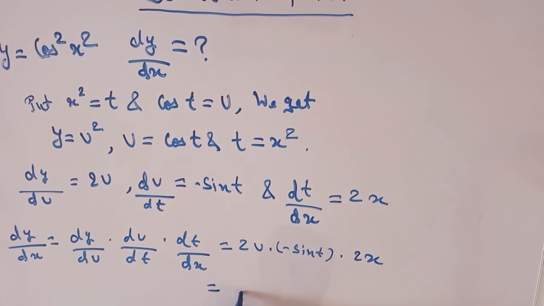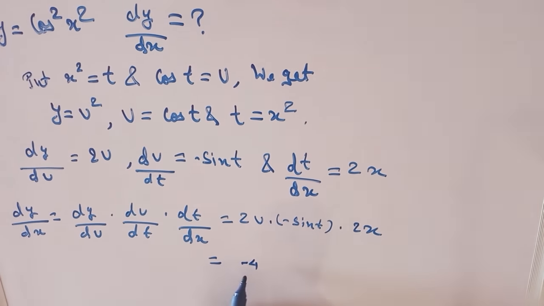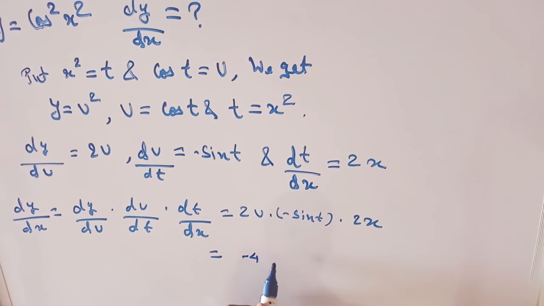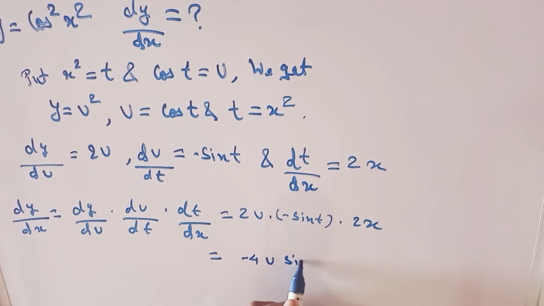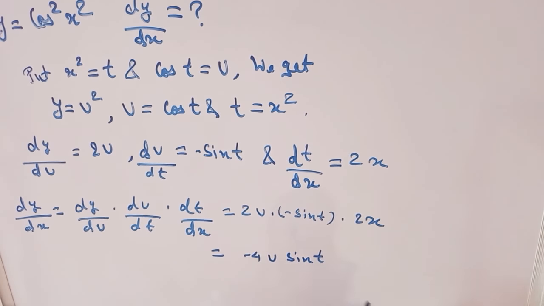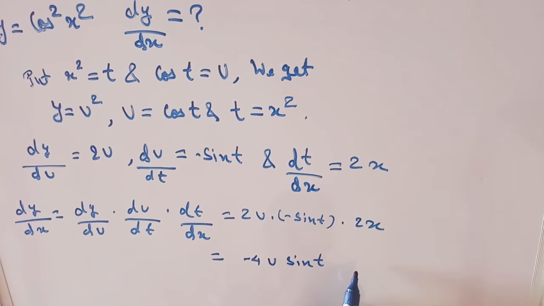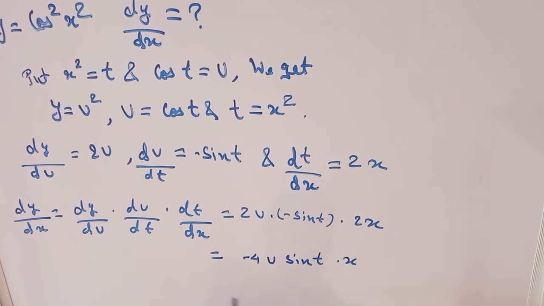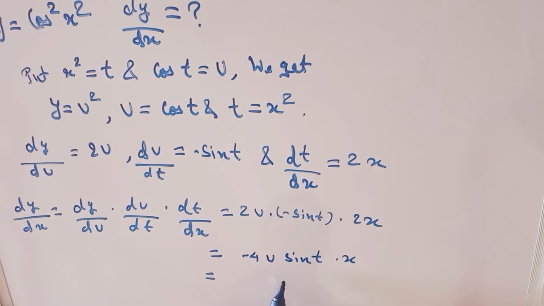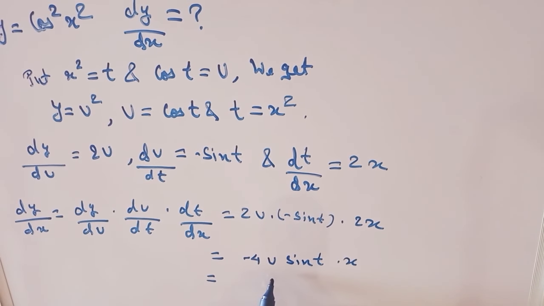Minus 4 u sine t into x. Okay, so u sine t will be what? u is equal to cos t, and t is x square.